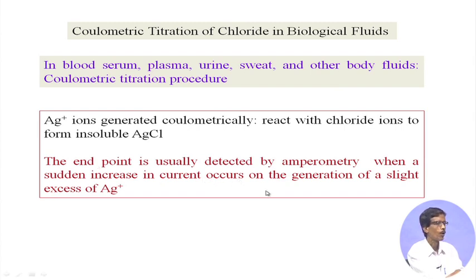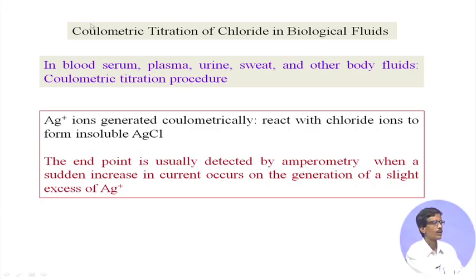So, when we go for amperometry, this is a new terminology, you can just listen and try to remember it, because coulometric titration is related to coulomb, while if it is related to amperes, it will be amperometric titration. In amperometric titrations, as is known from the name itself, it is ampere, that means the current.